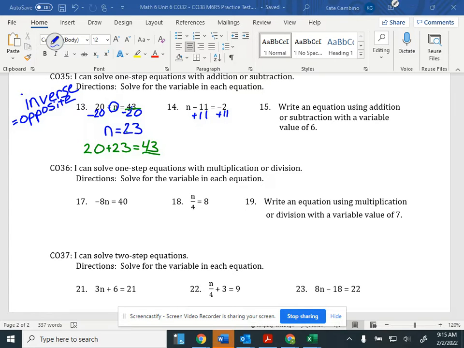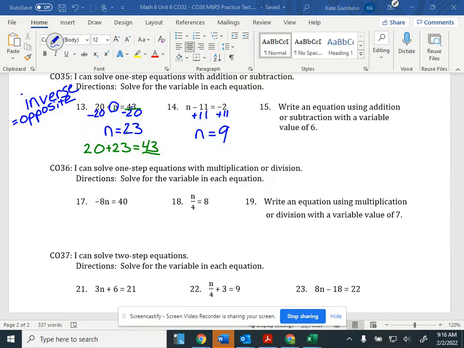So minus 11 plus 11 gets me that 0, so I have my n by itself. Negative 2 plus 11. What is negative 2 plus 11? Think about that number line, and if you need to draw a number line, Anthony, 9. Because that negative 2 makes us go to the left.